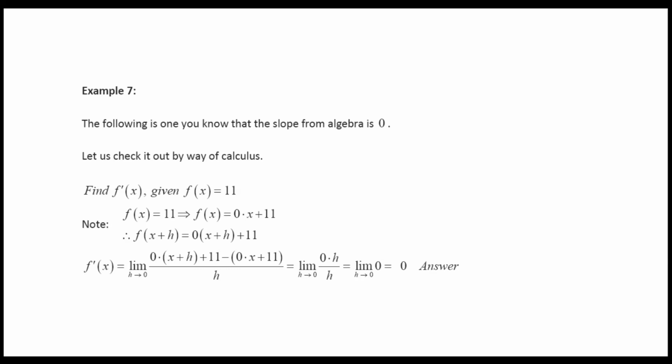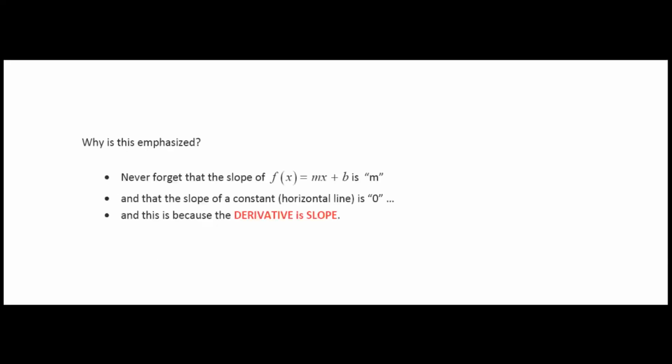Calculus is algebra made stronger, okay, strengthened. And why did we emphasize this? Why did we do these two problems? To show you that you really are getting the true slope when you use the calculus.